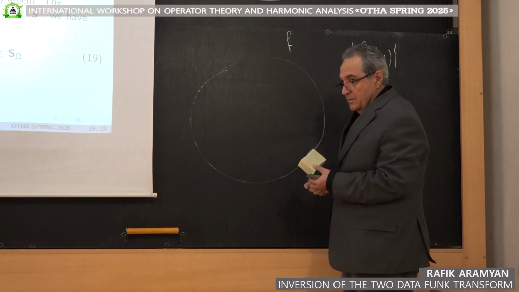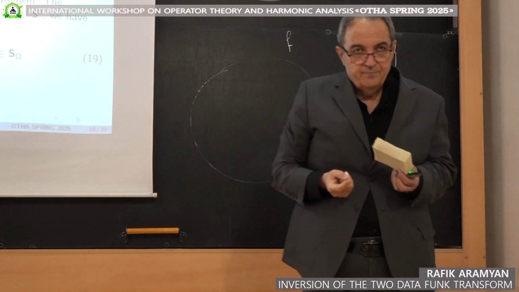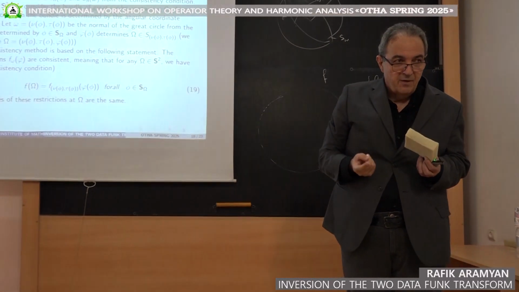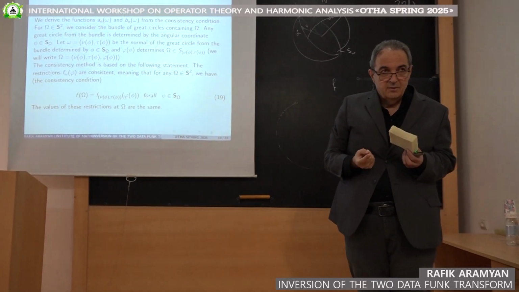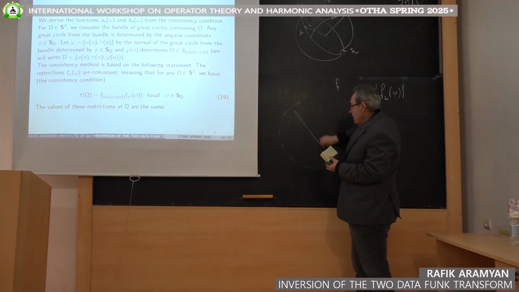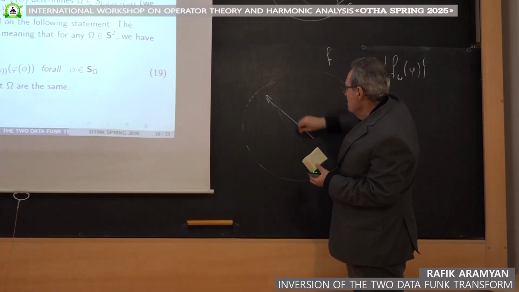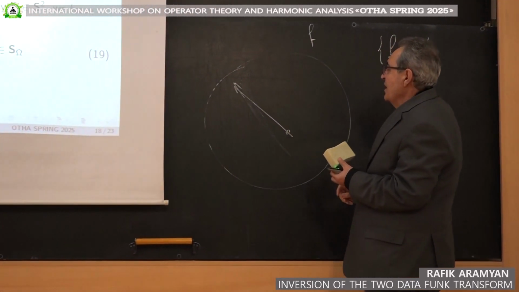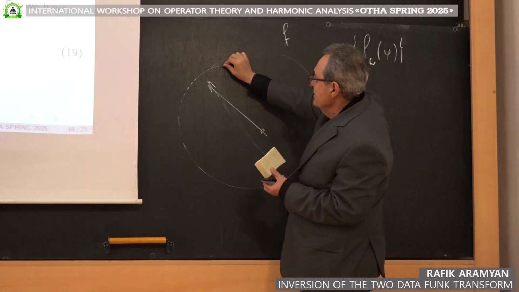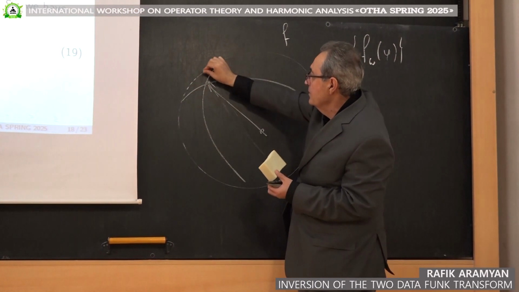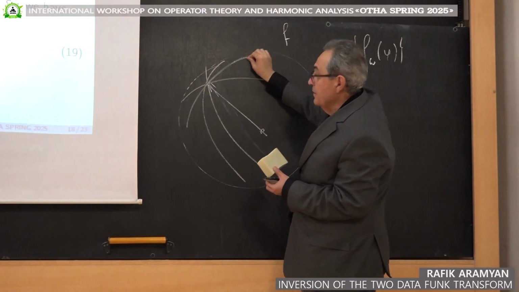And we obtain some family of functions. This family is not an arbitrary family. This family is consistent. For any direction omega, for example, let's consider all circles containing omega, the bundle of circles containing omega.